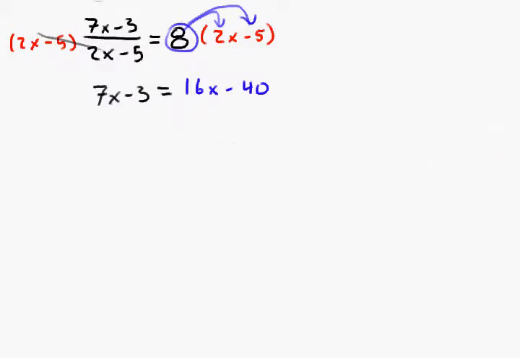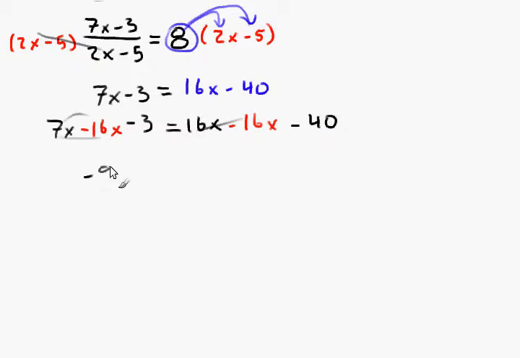Say, subtract 16x from both sides. Minus 9x minus 3. The left hand side will be minus 40.